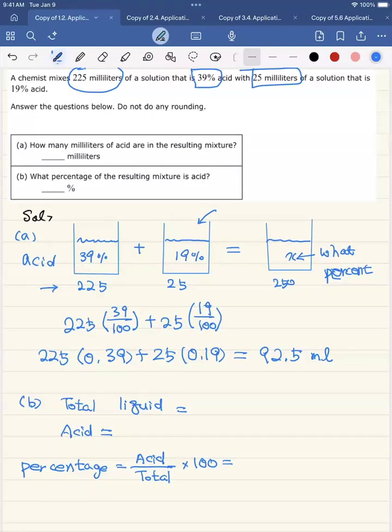The total liquid amount is 225 plus 25, so that's 250. And the acid amount we calculated is 92.5. So the acid amount 92.5 over the total amount of 250, times 100. Then when you calculate it, that is 37%.